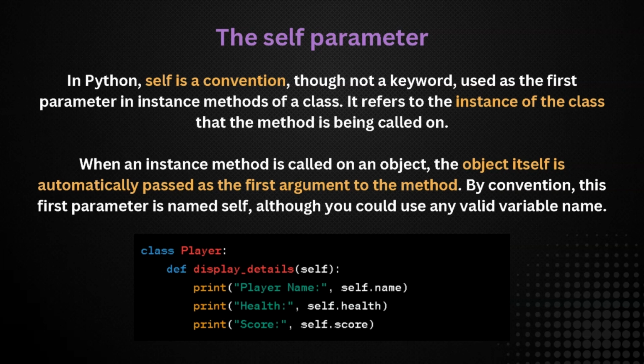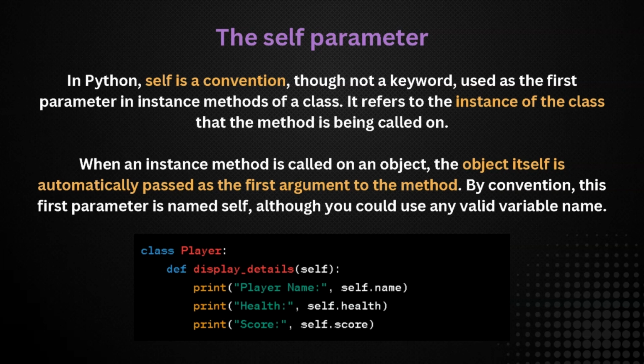When an instance method is called on an object, the object itself is automatically passed as the first argument to the method. By convention, this first parameter is named self, although you can use any valid variable name. Instead of self, you can actually write player or game, person, anything. So it's just a convention which points towards the current object.